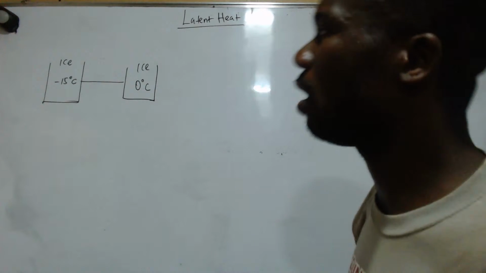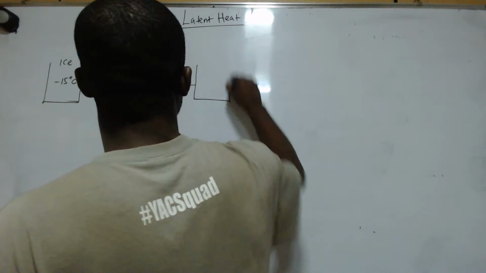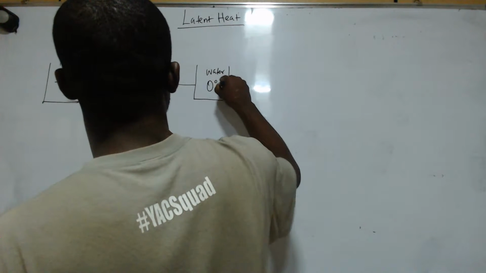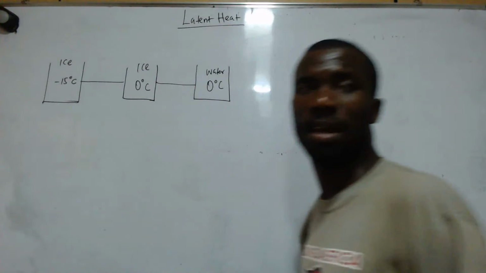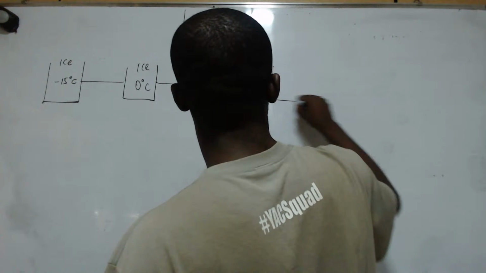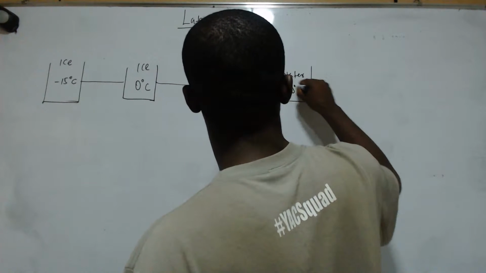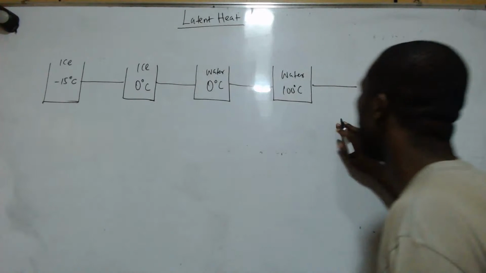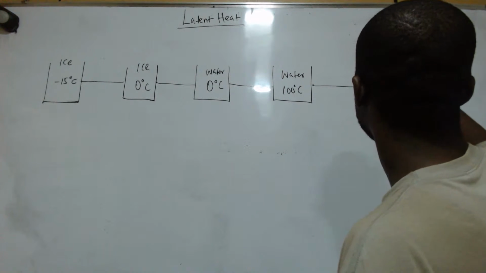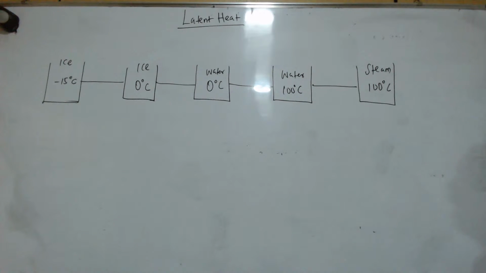Further application of heat will change the ice to water at 0 degrees centigrade. Then, when heated further, it will change to water at 100 degrees centigrade. And when heated further, it will change to steam at 100 degrees centigrade. That is what is happening here.